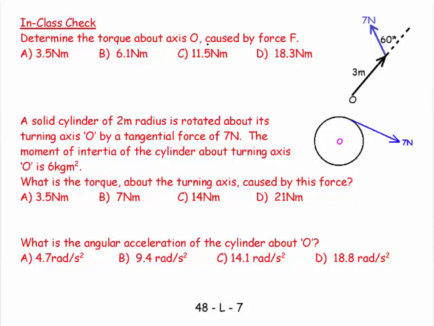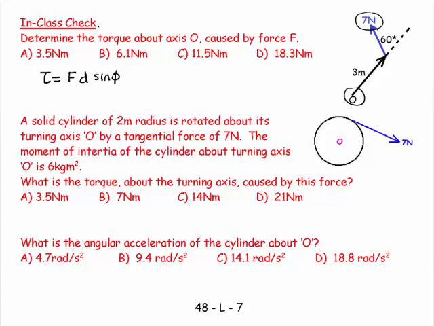Determine the torque about axis O. Here's my axis O, caused by force F. There's a force up here, and my torque is equal to the force times the displacement of the force from the turning axis times the sine of the angle between them.